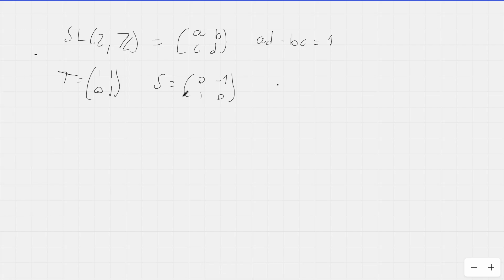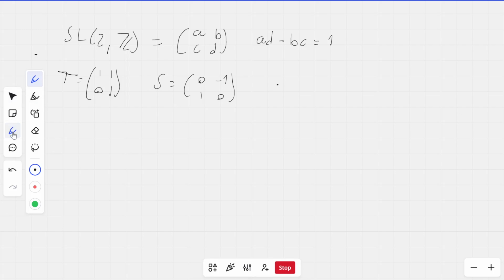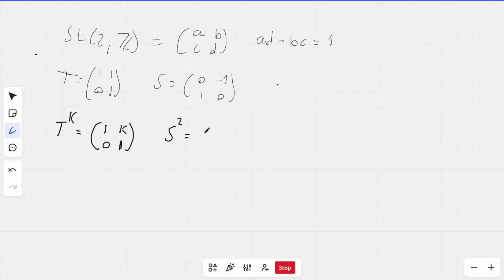So first of all, notice that powers of T are as such. So T to the K is just 1, K, 0, 1. And S squared is simply the negative of the identity matrix.